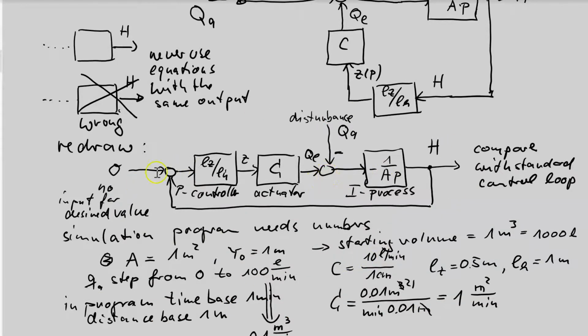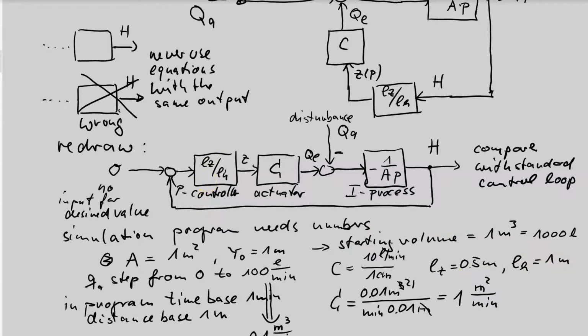We have here a summing point. If I delete the summing point, we don't need the summing point. I need this summing point. I have this is a P controller, P actuator, and an integrating process. So I need a P block, a second P block, and an integrating process. Here the first P block has a gain constant 0.5 divided by 1, so 0.5.